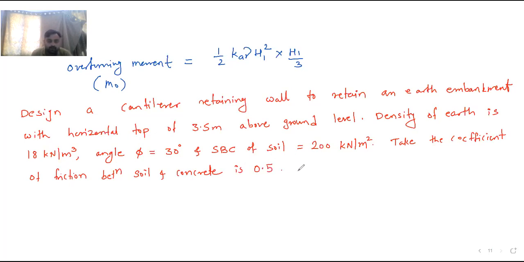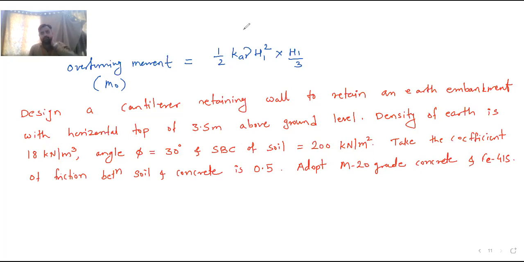Full stop. Adopt M20 grade concrete and Fe415 steel. So this is the numerical which is given.